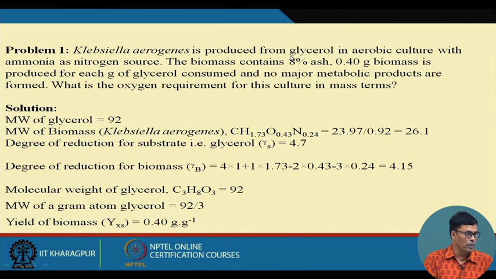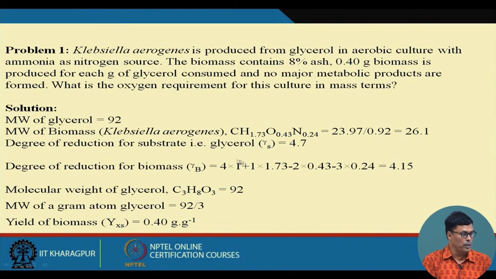But it contains 8% ash, so we divide by 0.92 to get the whole mass, that is, how much ash-free mass there is. That way we get the molecular weight of the biomass, about 26.1.